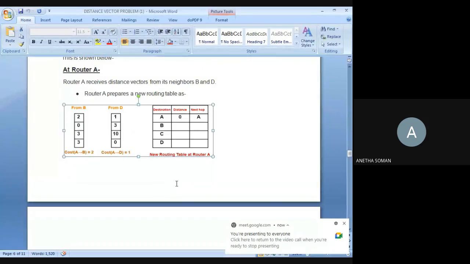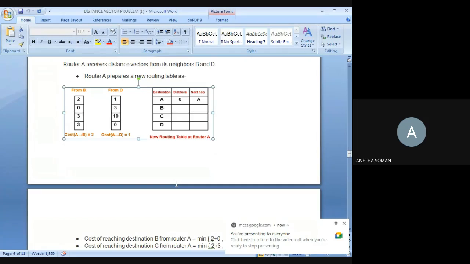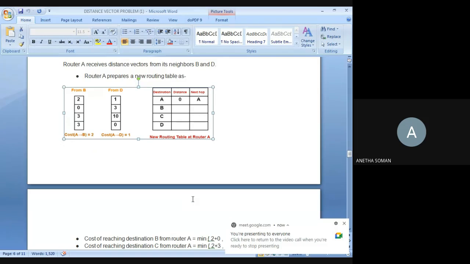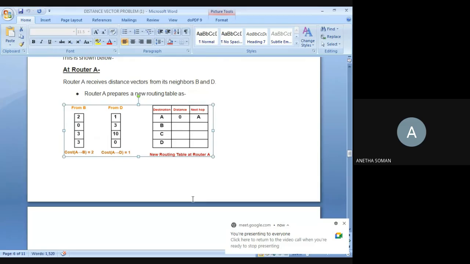Now find out what is the cost of reaching destination C from router A. Now you have to look on to C and you have to write out what is the minimum cost.